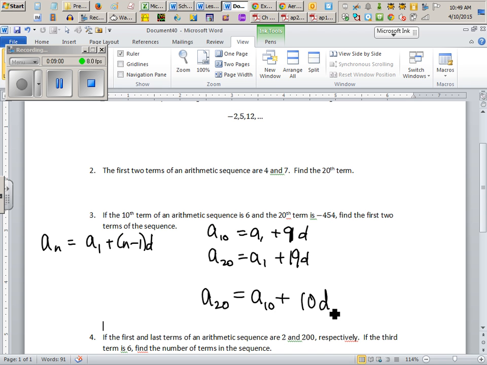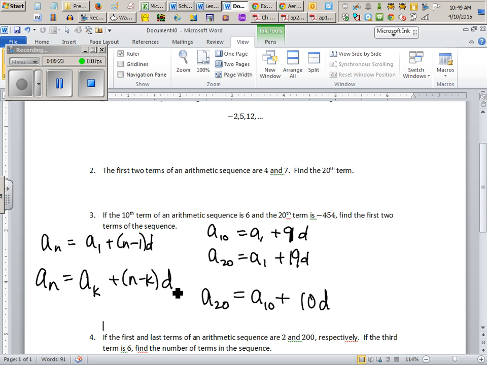So you can see that the number of d's that get added can be found by subtracting the subscripts here. So while this is an awesome formula, I think there's a better one. And nobody ever teaches this formula that I've ever seen, but here it is. Any term is any term plus n minus k d's.